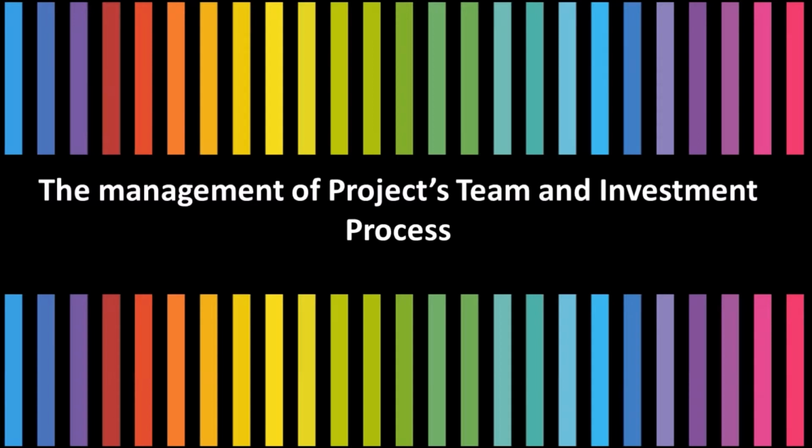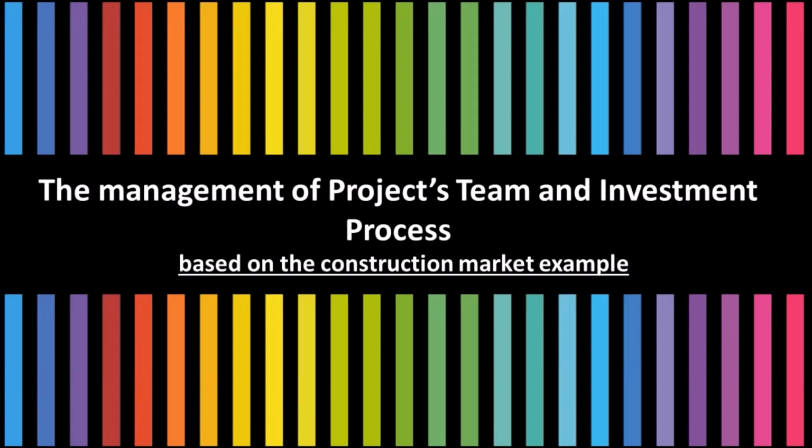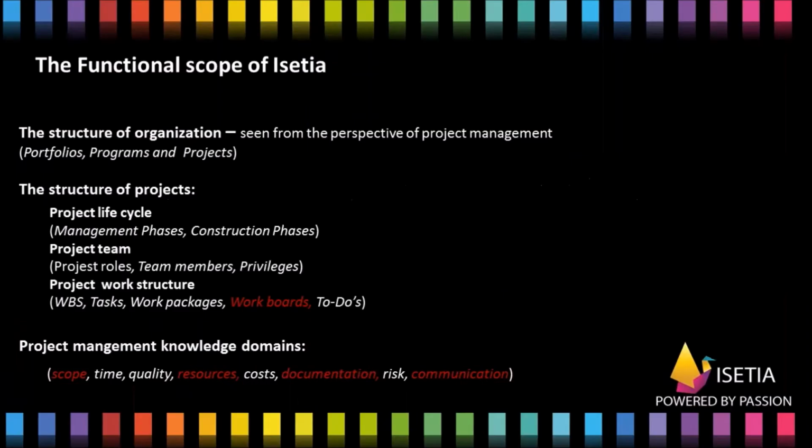Of course, our today's meeting will be mostly a live presentation, but just at the beginning, I would like to point out the main functional scope of ISETIA, so you can see what you can expect from the system. First of all, the system can model the structure of your organization seen from the perspective of project management.